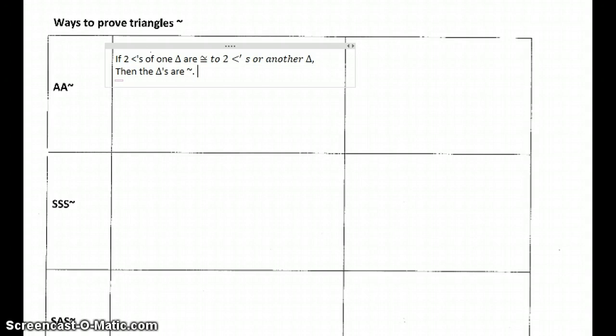If you think of our third angle theorem, technically all three angles are the same.